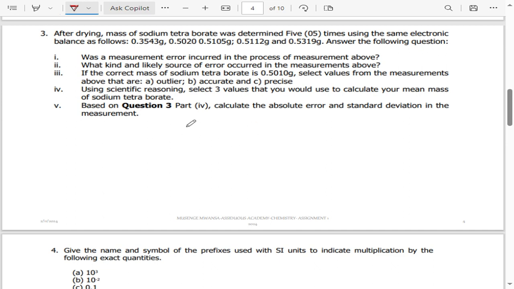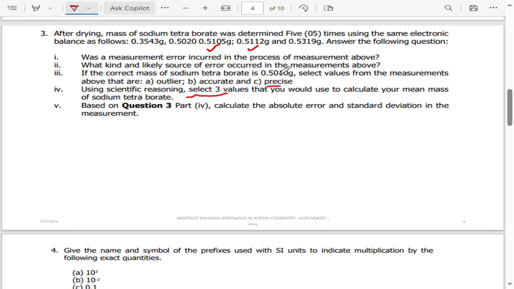For us to find the mean, the values we want to use are those which are precise, because it's the precise values we are using in part 4. So which values did we choose to be precise? We said at least 0.51 is precise, 0.51 also is precise, 0.50.